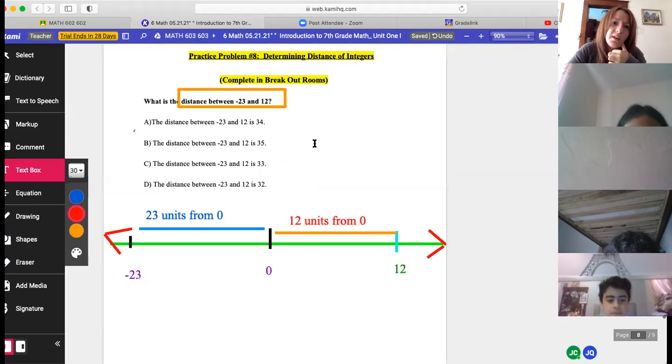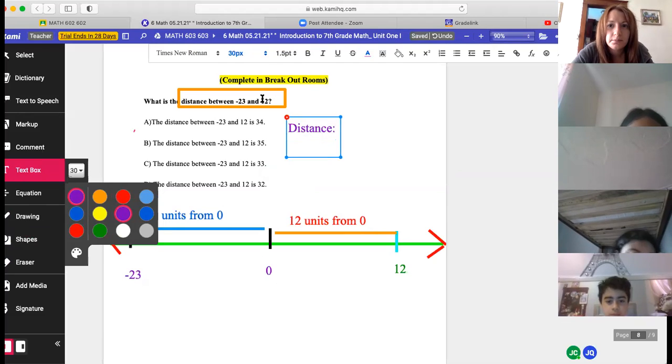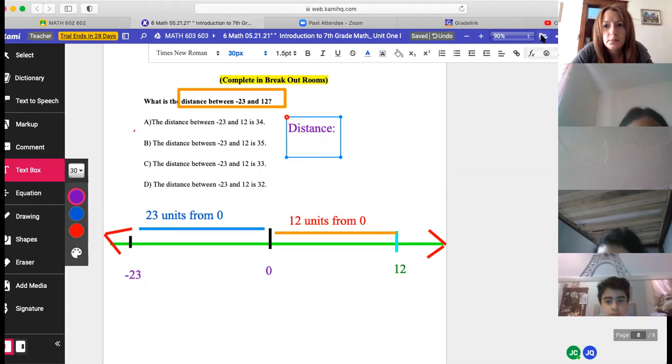Now, we want to find the distance. To find the total distance, what are we going to do with 23 and 12, Shay? Give me the number sentence. We want to find the total distance. Are we adding or subtracting?